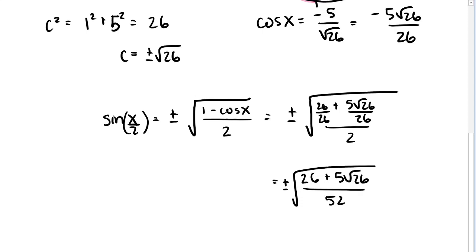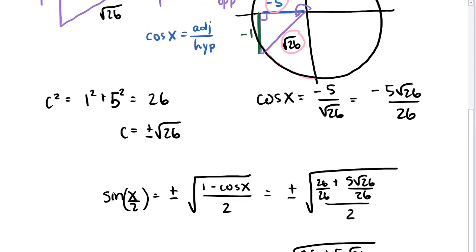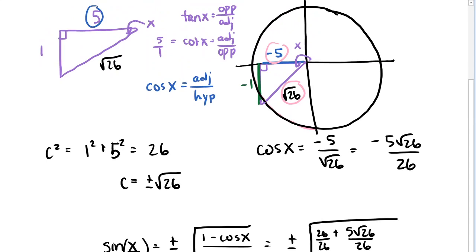And so we know that our angle is in quadrant 3. And if our angle is in quadrant 3 and we look at x over 2, or half this angle, we know that half of this angle is going to end up somewhere in this top half. This angle is between 180 degrees and 270 degrees.